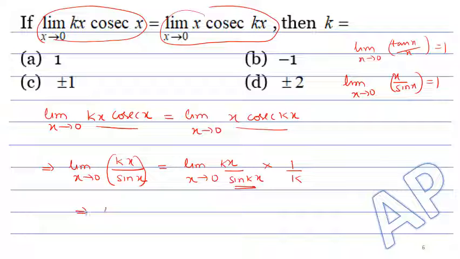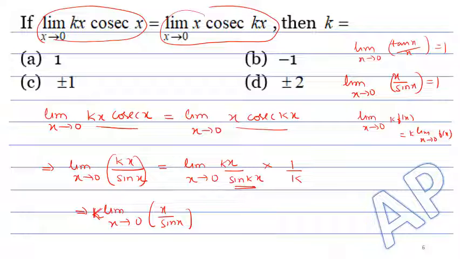So I will write it as limit as x tends to 0, where k is a constant and we can keep it outside, by the property of limits, k into limit as x tends to 0 of x by sin x. We know that limit as x tends to 0 of k into f of x is equal to k into limit as x tends to 0 of f of x.